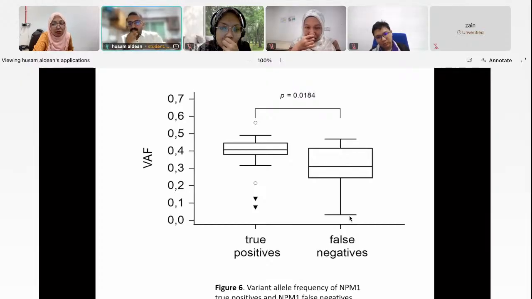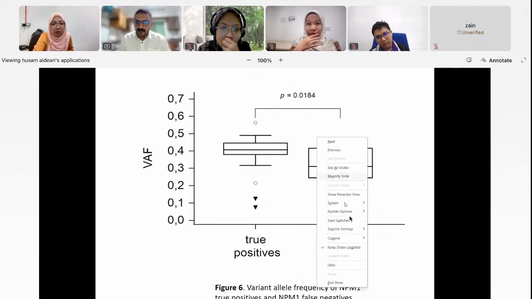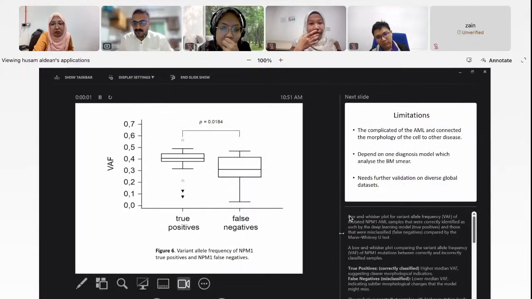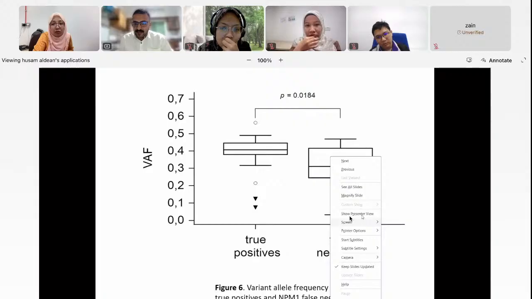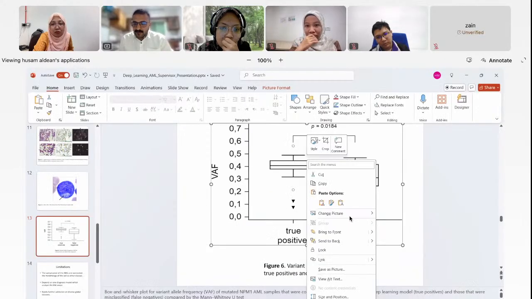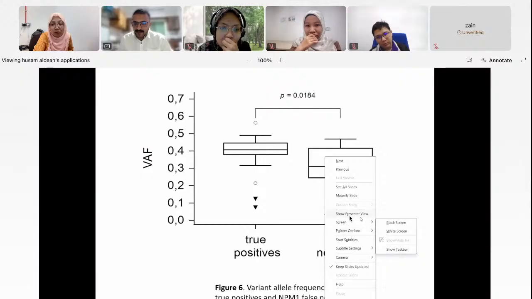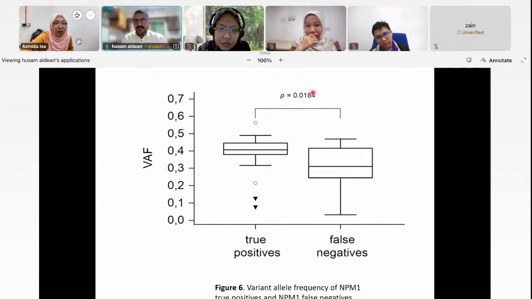So if we have this value here, the model is highly significant. If we have more than P 0.05, it is random. It is not statistically significant for the model.